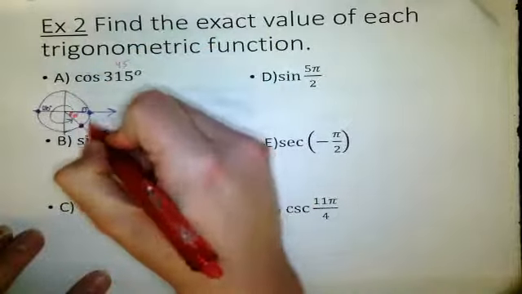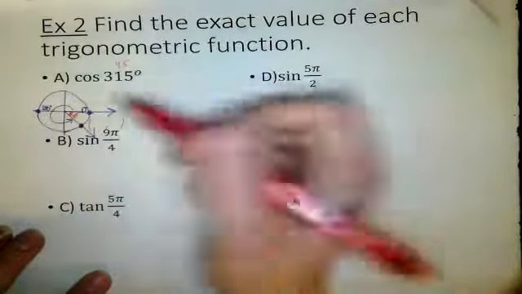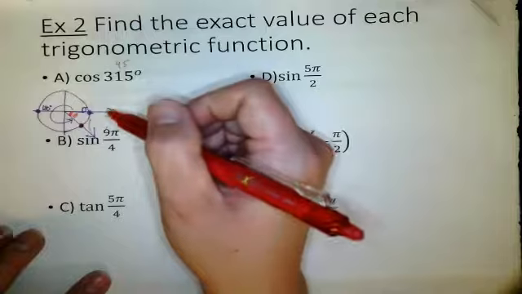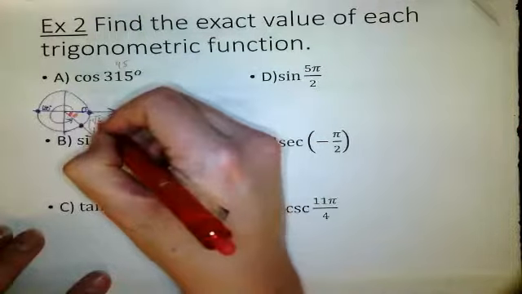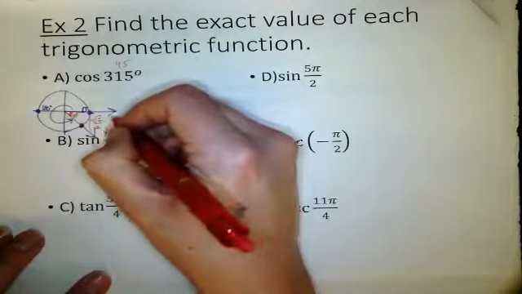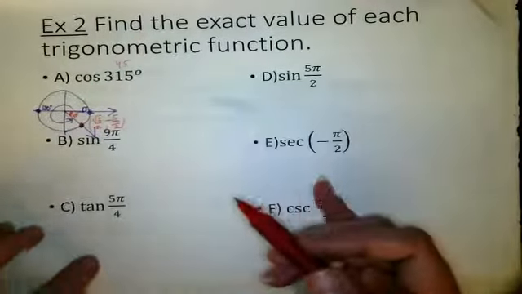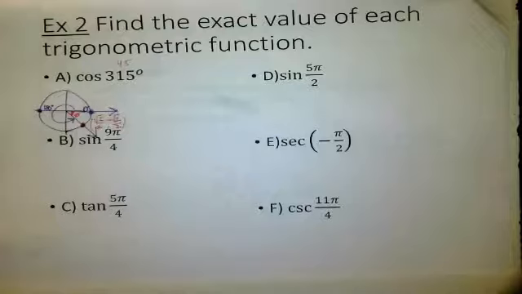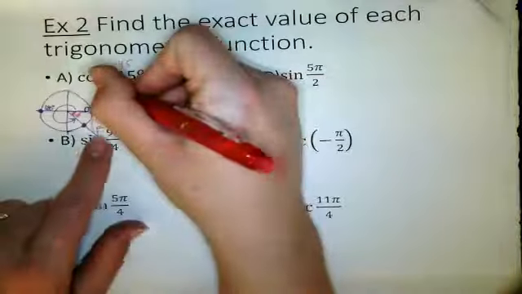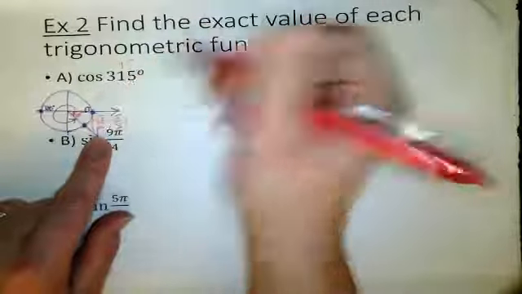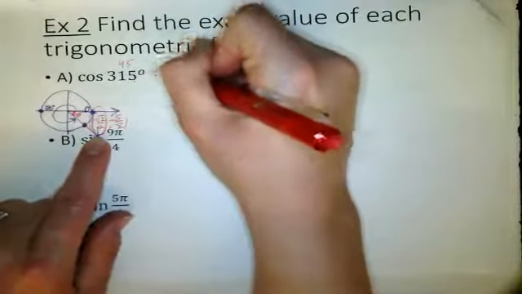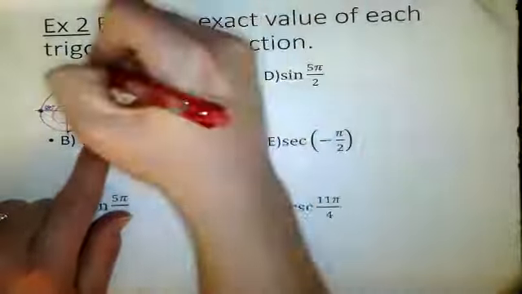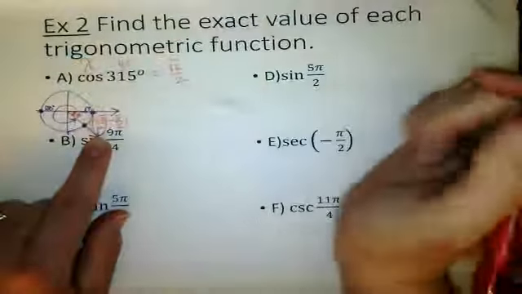So what ordered pair is that landing at then? Negative radical 2 over 2, right? Everything you're getting today is over 4 or over 2. So then we can say, what's the cosine ratio of 315 degrees? It's the x-coordinate, radical 2 over 2. Because cosine is the x-coordinate of our unit circle.